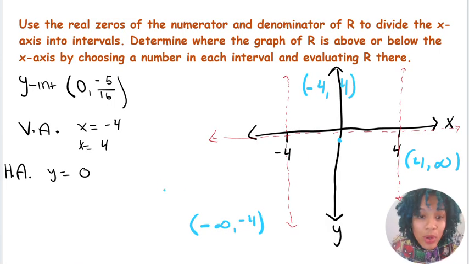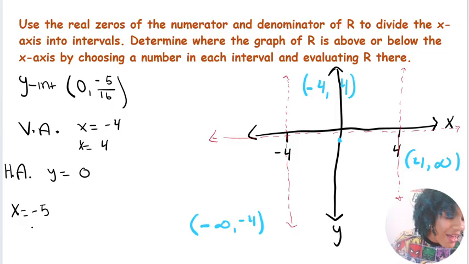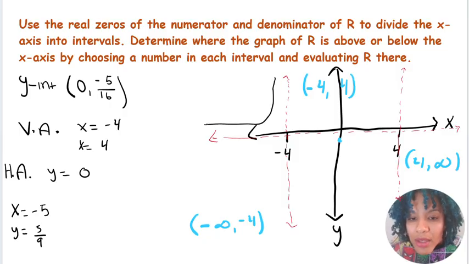I am running out of space, so I'm just going to write it right here. I did work that out. On the first interval, when I substitute -5 for x, the y that I get is 5/9, which is positive. Therefore, my graph is going to be somewhere right here.